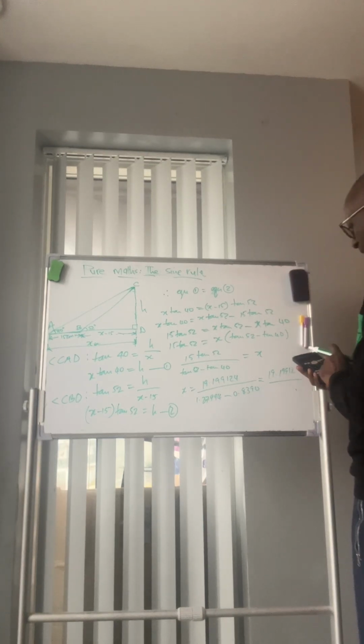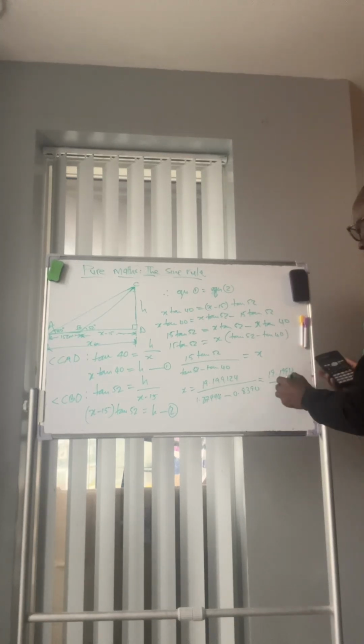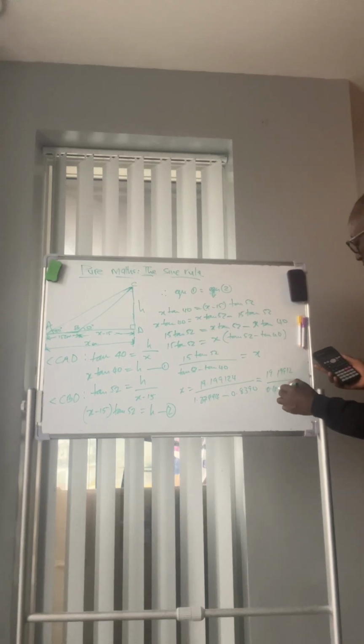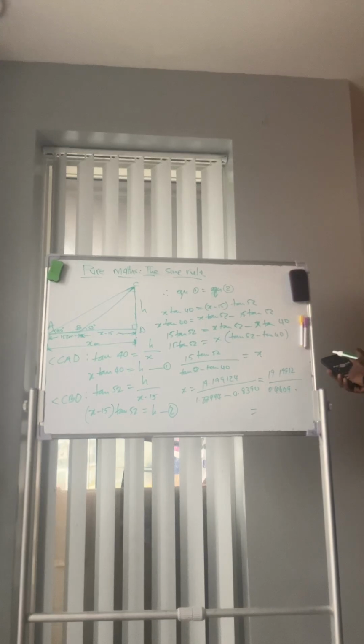Divided by tan 52, which is 1.27994, minus tan 40, which is 0.8390. We get 0.4409. So let's evaluate this: 19.19912 divided by 0.4409.